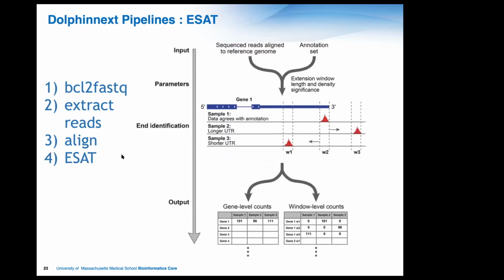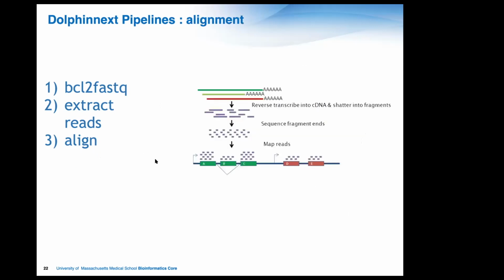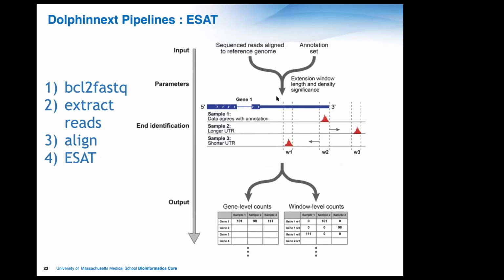And the last step is ESAT. So ESAT is going to take the BAM file, which is just an alignment file from the alignment process. And what it will do is allow you to build your UMI matrix, your digital gene expression matrix. What it's actually doing under the hood is it has reads that were aligned to the reference, and it has an annotation set.